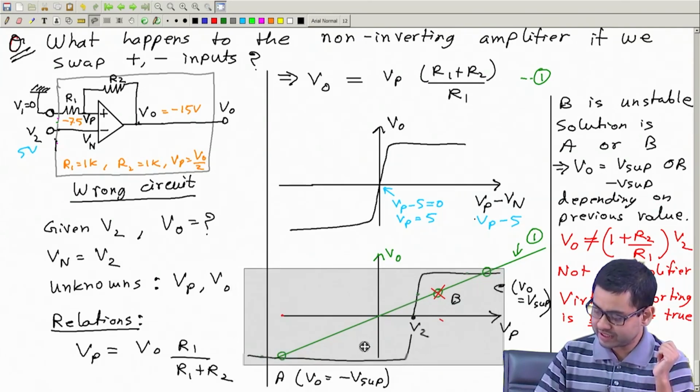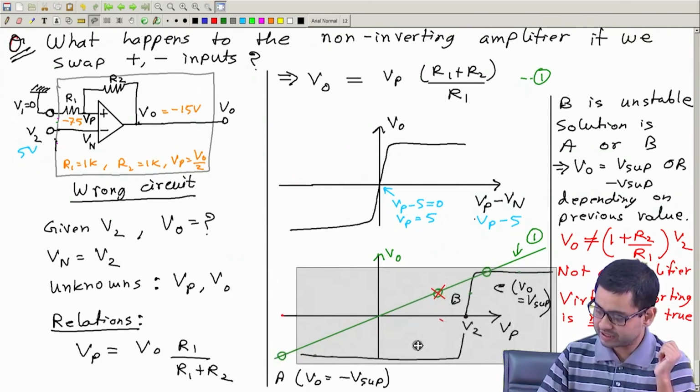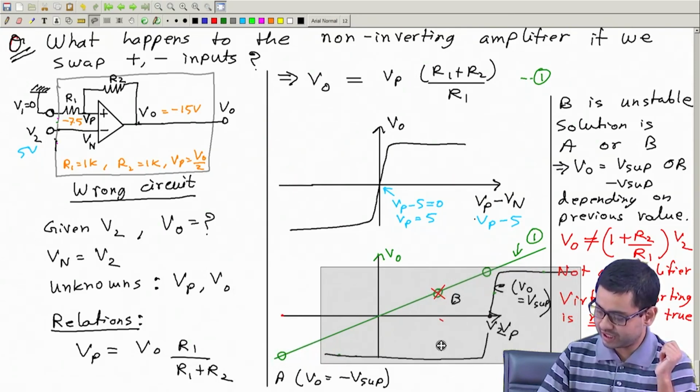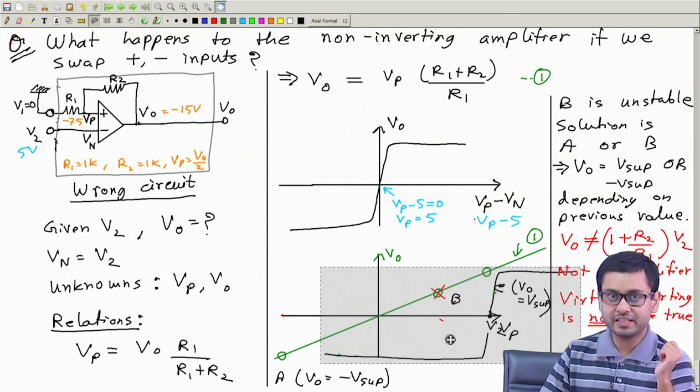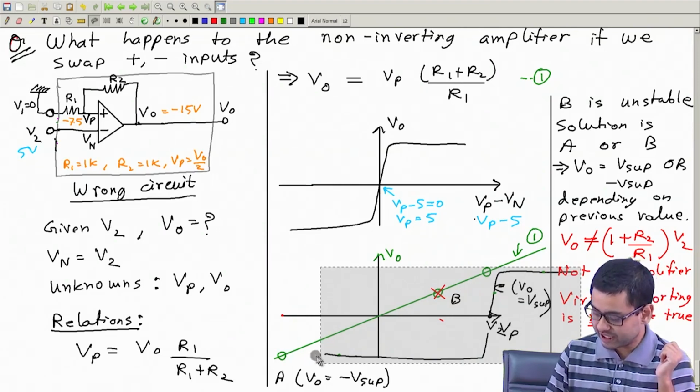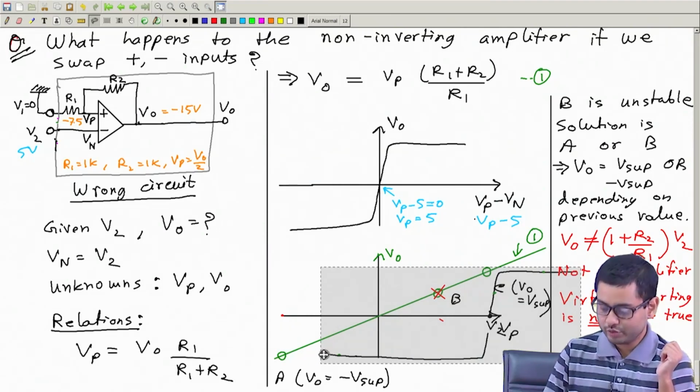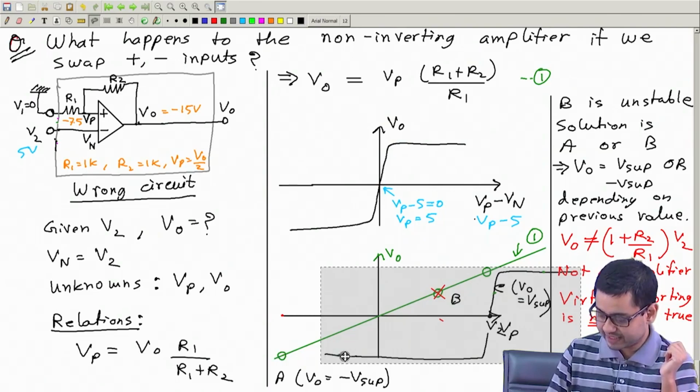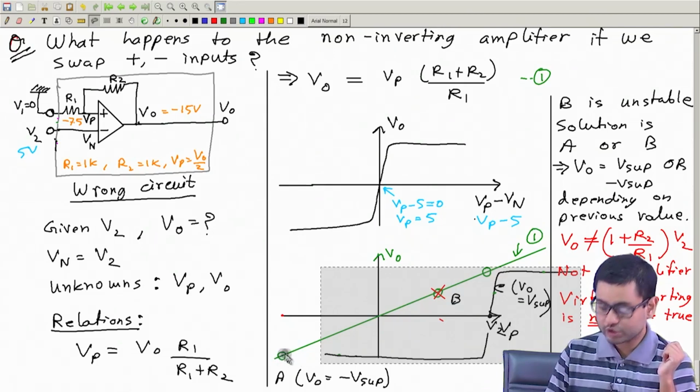But if I increase V2 a lot, bringing it here, then the green line and the black line will intersect only at one point, if I extend the black line here. So point A is the only solution. Point C doesn't exist anymore because in this direction they will not intersect.